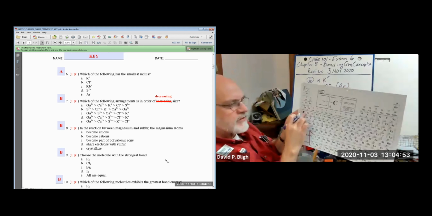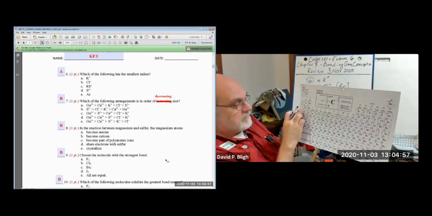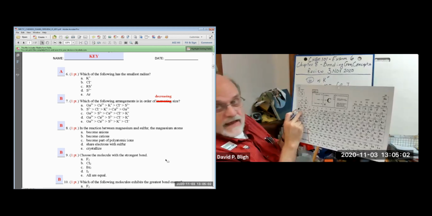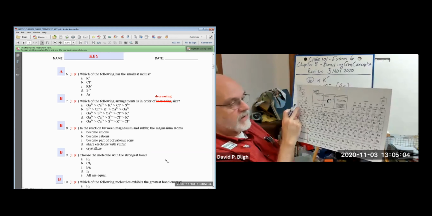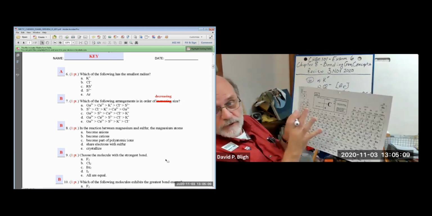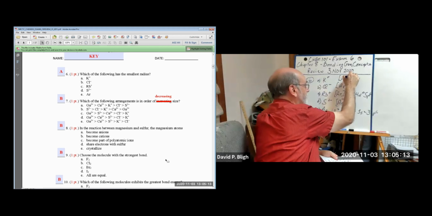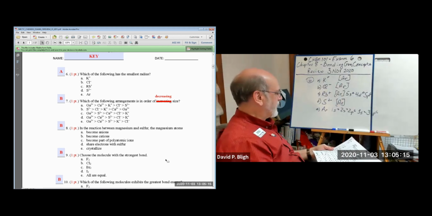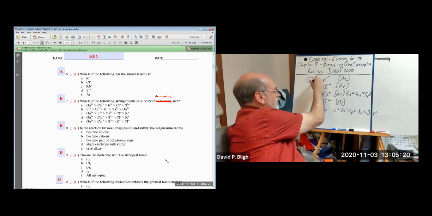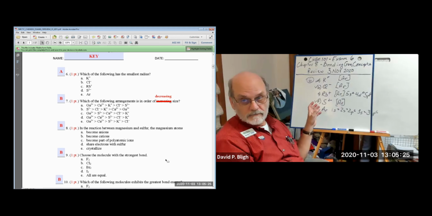And when potassium loses an electron, it loses all of its period 4 character. It lost the electron that it had in the 4s orbital. So now it only has 3s and 3p orbitals, and they're full. It makes it look like argon. Okay? So this one, that one, and that one are isoelectronic with argon.